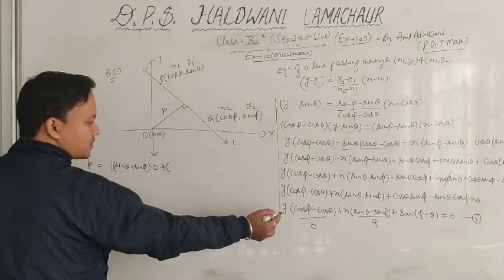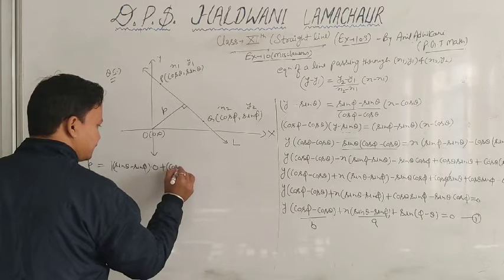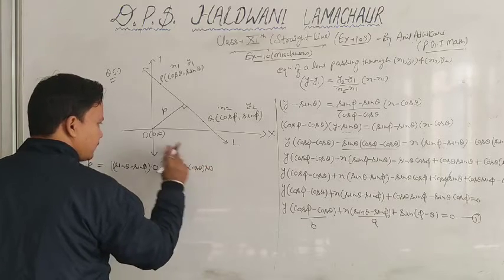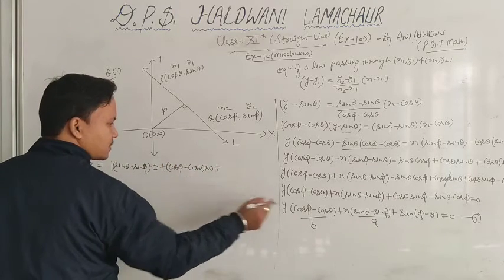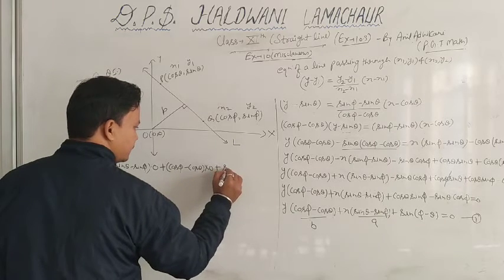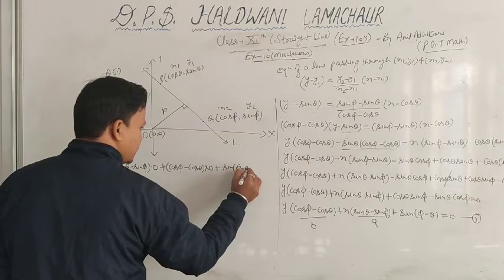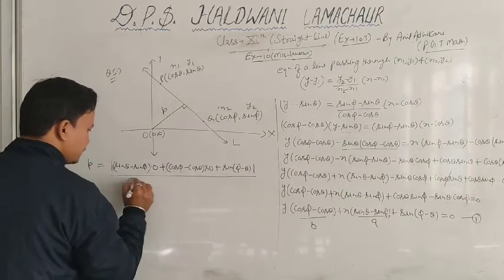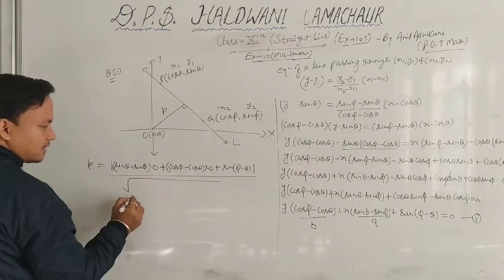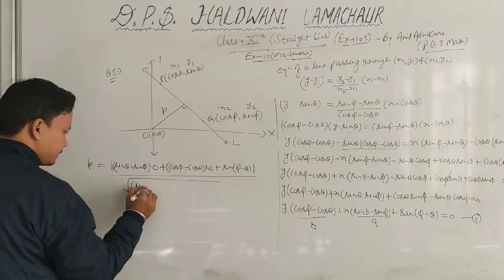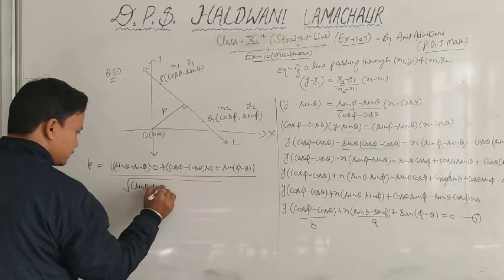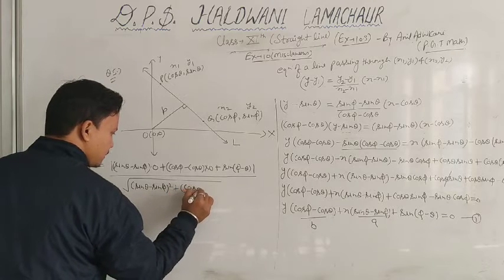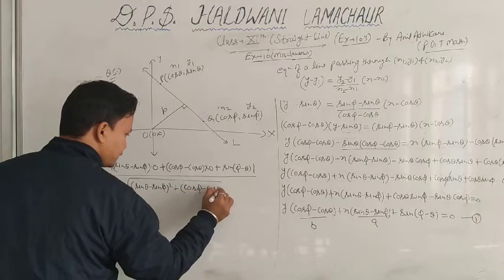Plus b, the coefficient of y, which is cos phi minus cos theta, into y1, again y1 is 0, plus constant c, sin (phi minus theta), upon root of (sin theta minus sin phi) whole square plus (cos phi minus cos theta) whole square.